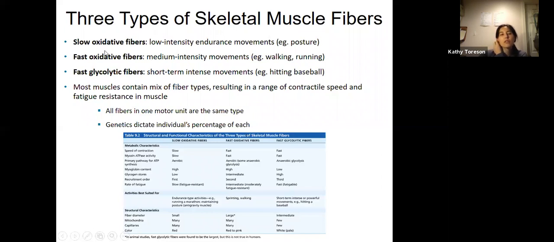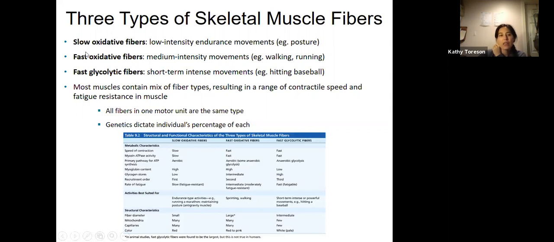So again, a slow oxidative fiber is good for low intensity endurance movements, right? These aren't fast movements, so we don't need super fast contraction, but we do need it to be able to contract for long periods of time. So it's good that it's able to utilize aerobic respiration to generate ATP.